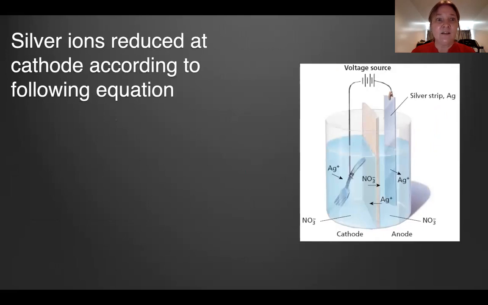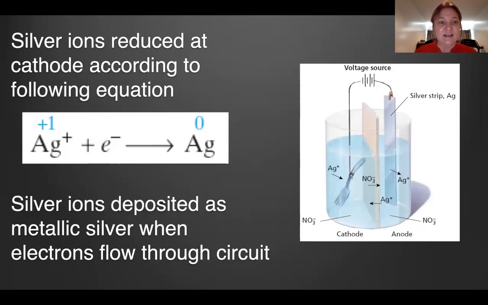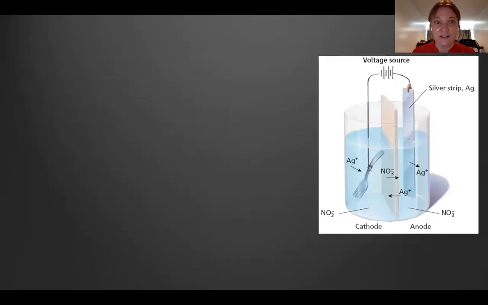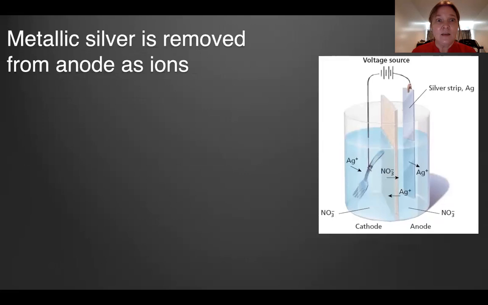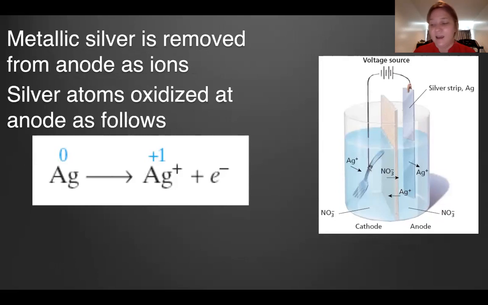The silver ions are reduced at the cathode according to that equation, which I wrote on the previous slide. And the silver ions are deposited as metallic silver when electrons flow through the circuit. In exchange, at the anode, metallic silver is removed as ions. So you have silver ions going into solution, and that is the half reaction for that.